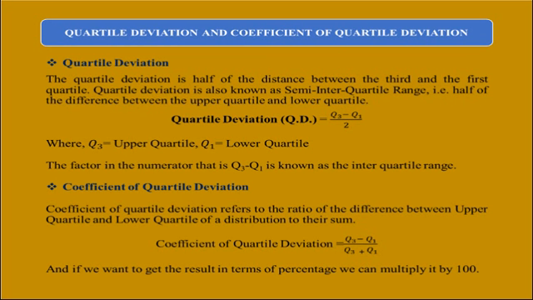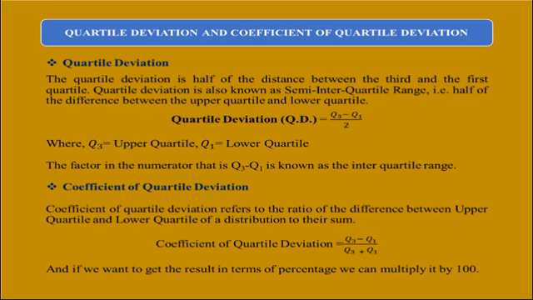So another measure of dispersion is the quartile deviation, which is equal to Q3 minus Q1 divided by 2, where Q3 is the upper quartile and Q1 is the lower quartile. The numerator, Q3 minus Q1, is known as the interquartile range.